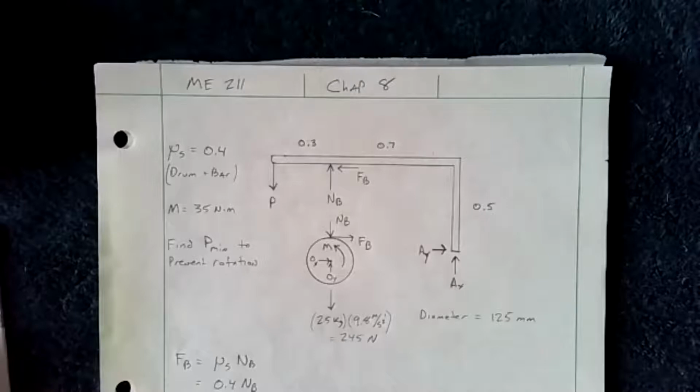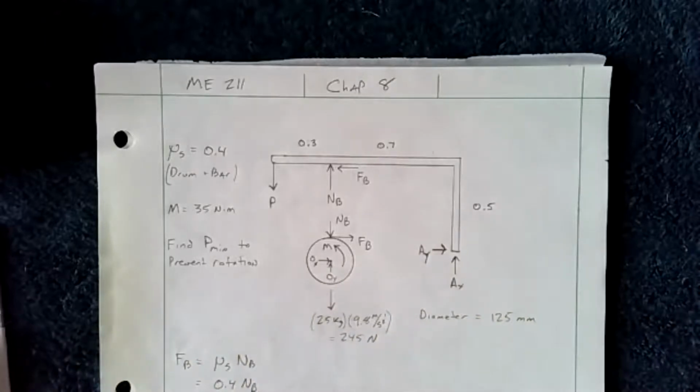So that means that the friction opposes that, because sometimes it can be confusing to see which direction friction is going. But if friction is going to the right on the drum, then it has to be equal and opposite on the actual arm. That's why it's pointing to the left on the arm. And then, of course, the normal forces are equal and opposite. So here we have our mass.